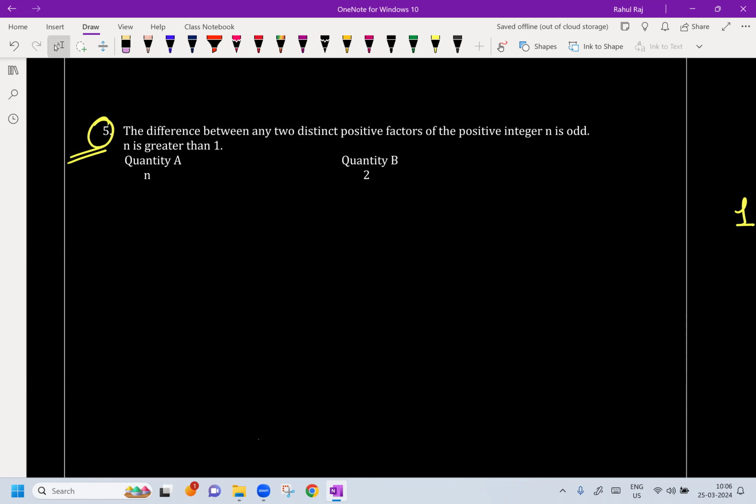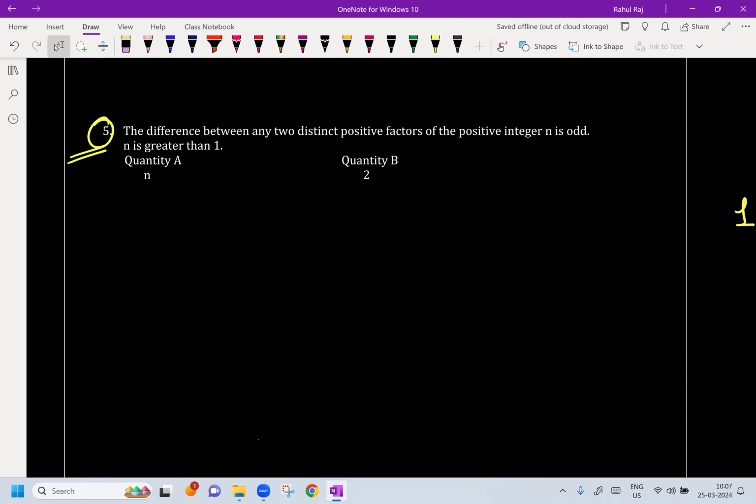And the difference between two distinct positive factors of 20, say 10 and 5, both are factors.